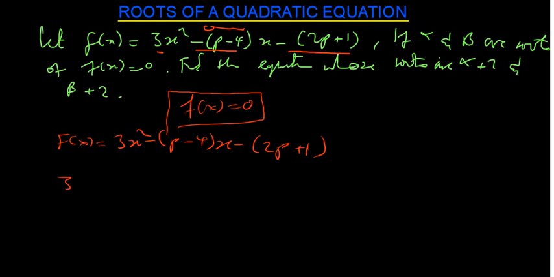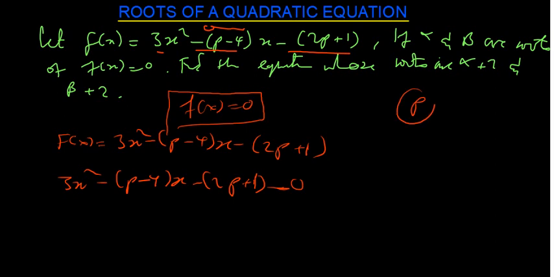So what we are saying is the 3x squared minus (p minus 4)x minus (2p plus 1) should be equal to 0. Now the question is, find the values of p for which this is going to be equal to 0. Okay, so let's try to solve this equation. We see what is going to happen.